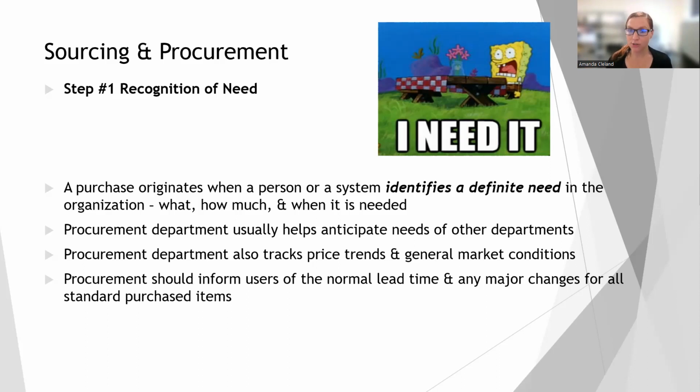And procurement should also ensure that they're informing the internal users what the typical lead time is and any major changes for all standard purchase items. So procurement is going to work with someone within the business to help recognize this need.